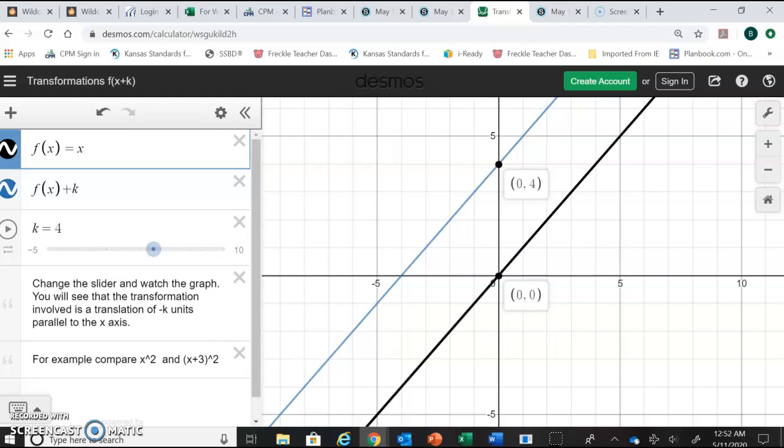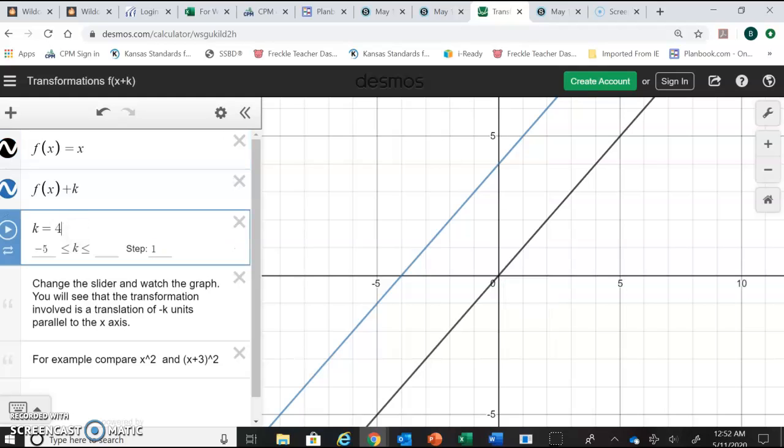So that's the thing you need to take away from this: when you have k equals 4, in other words, if it's f of x plus 4, it moves the graph up 4 units. So wherever your graph was originally, everything is moved up 4 units. And the more cases we see of this, the more it's going to make sense.